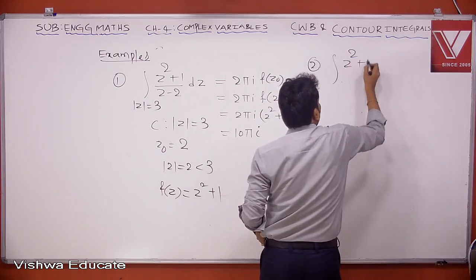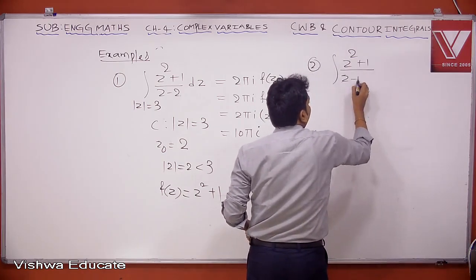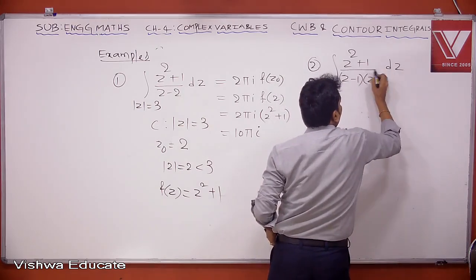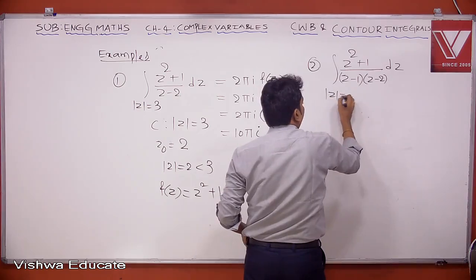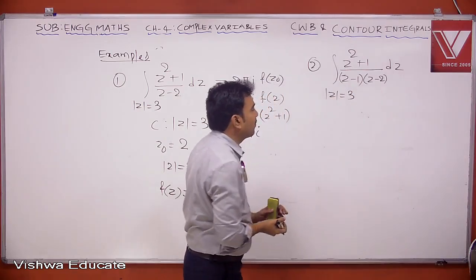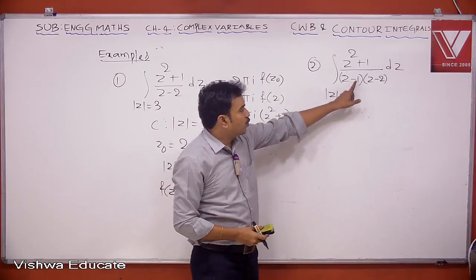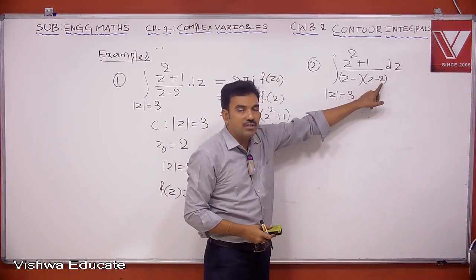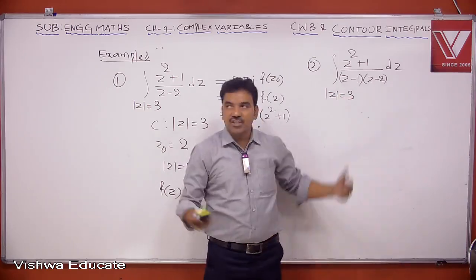Integral of (z square plus 1) by (z minus 1) into (z minus 2) dz over mod z equal to 3. Now unfortunately we have two z0s in the denominator. One z0 is 1, second z0 is 2. See, this is an extension of this question.